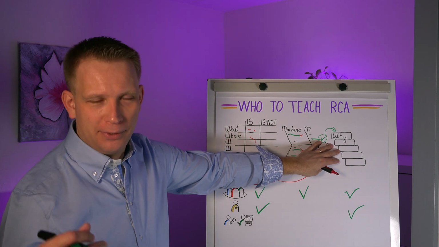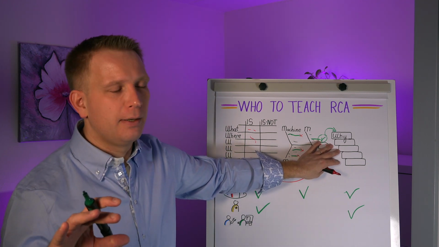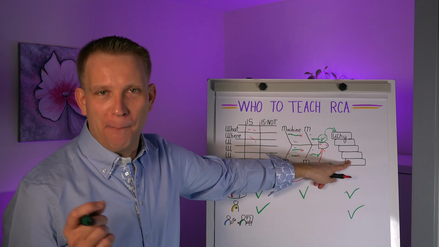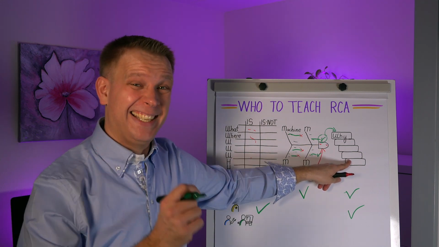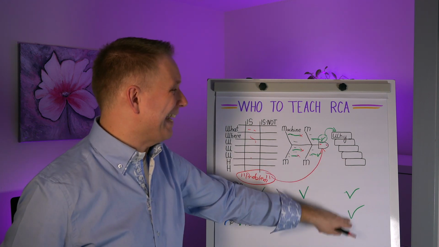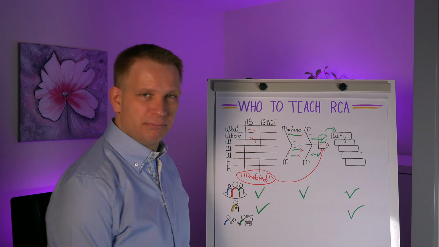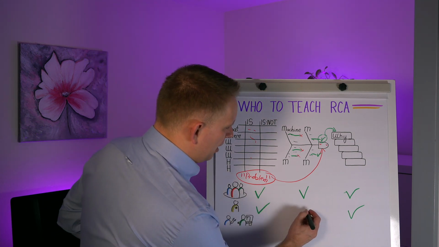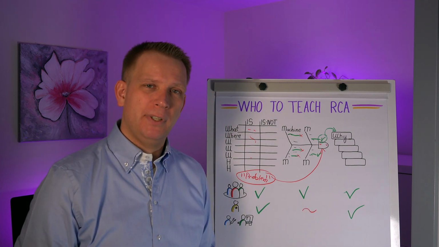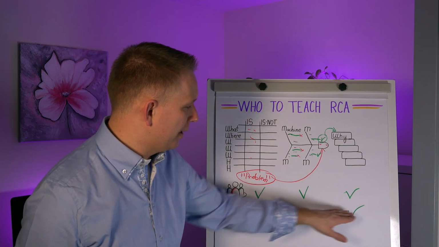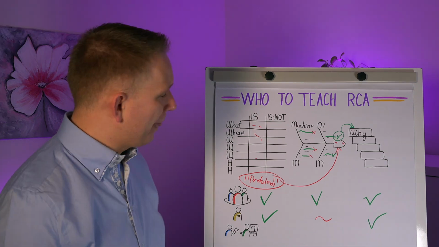But if you're talking about the engineer type of layer, those are exactly the people that are meant to improve our company's systems. So they need to know this. The fishbone, well, can do, but not really needed, right? Not until you ask them to join a team. This is daily work for them.